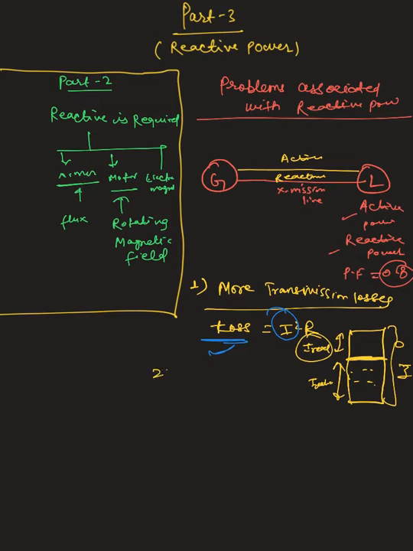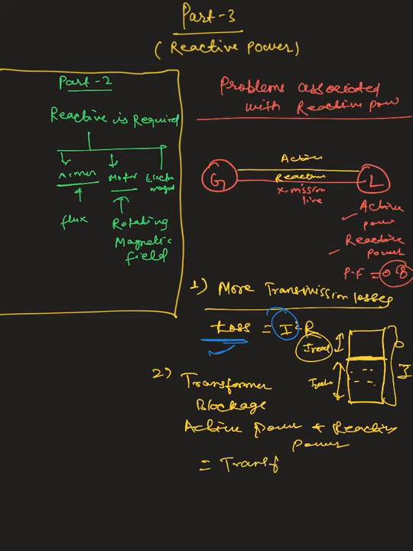The second problem is transformer blockage. If we ask both active and reactive power from the grid, it will lead to transformer blockage. What I mean by transformer blockage is that suppose you only want active power. The transformer is rated in kVA. kVA is equal to kilowatt plus kVAR.